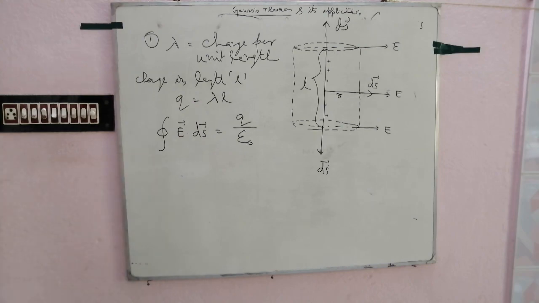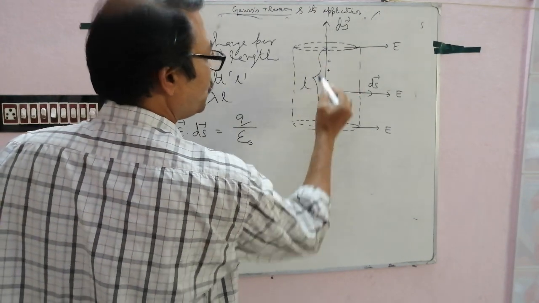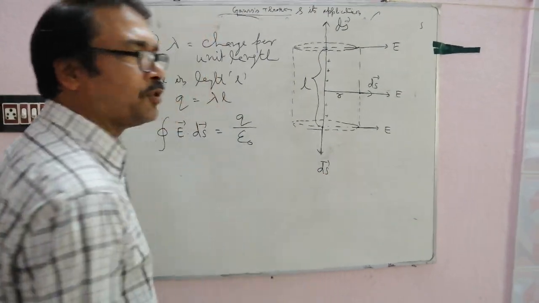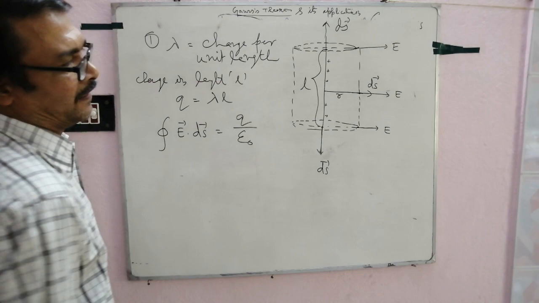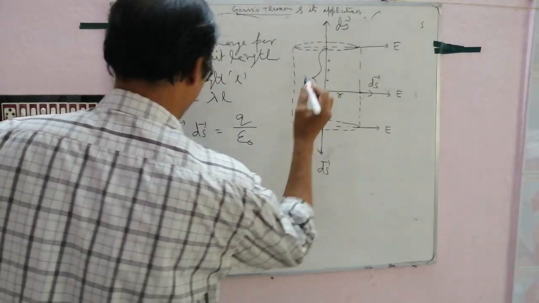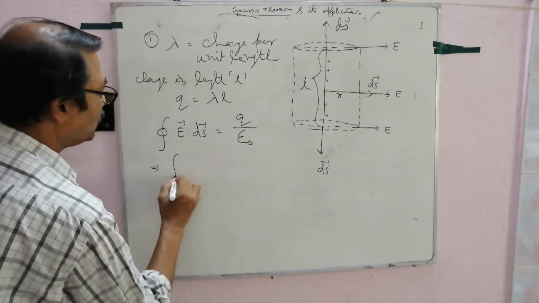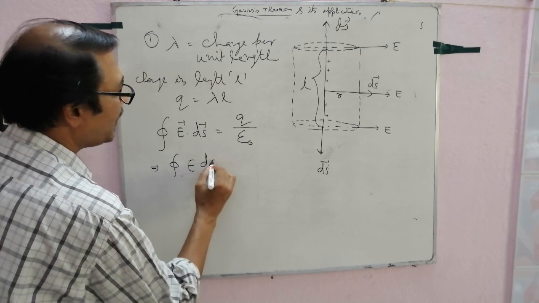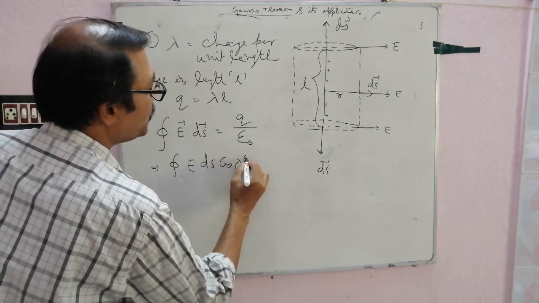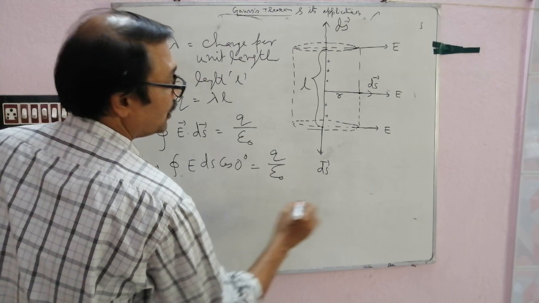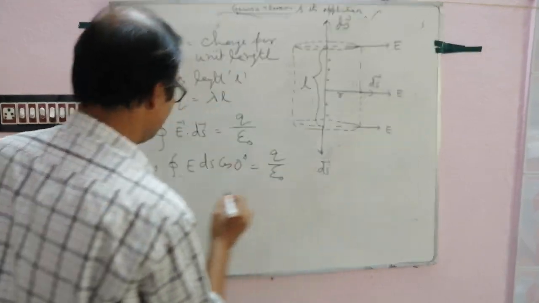Clear? This is Gauss's theorem. Again I mention the flux through these two areas will be 0 because E and ds are mutually perpendicular to each other. So the total flux linked with the curved surface is E ds cos of 0 degree, E and ds in the same direction.